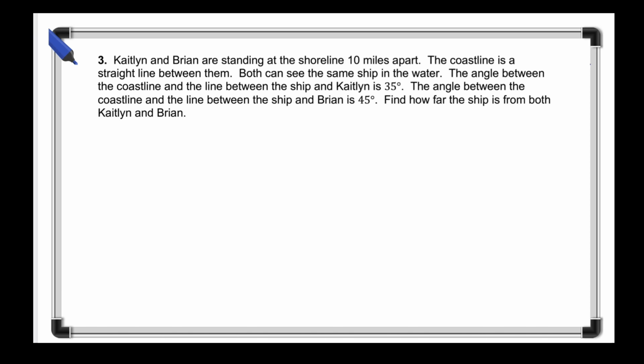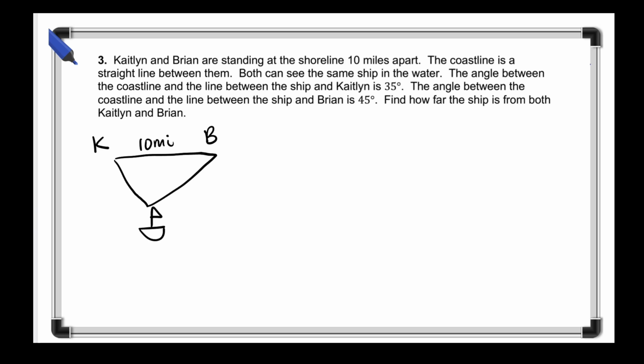Okay, in this question, we're going to look at Caitlin and Brian, who are standing at a shoreline 10 miles apart. So here's Caitlin, here is Brian. They are standing on a shoreline 10 miles apart. We do have the coastline being a straight line. They can both see a boat here in the water, and we could figure out our triangle here.